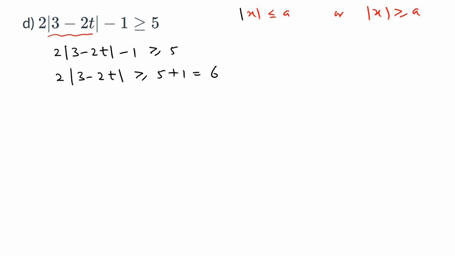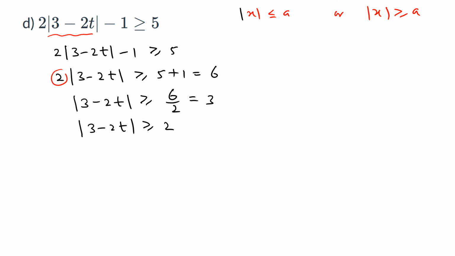If you divide both sides by 2, you get |3 - 2t| ≥ 6 over 2, which is 3. Now you can see we have an absolute value greater than or equal to a number, and that is the form we are looking for. Then we can directly use the theory.